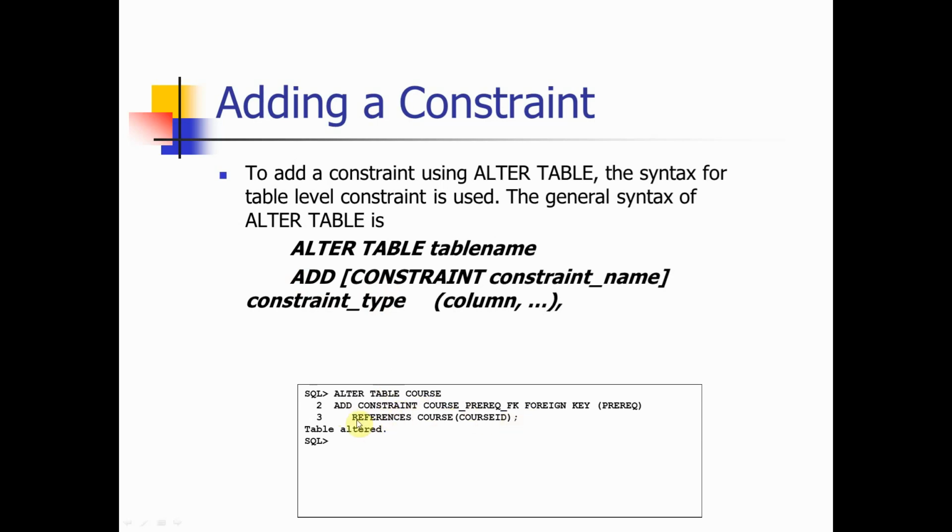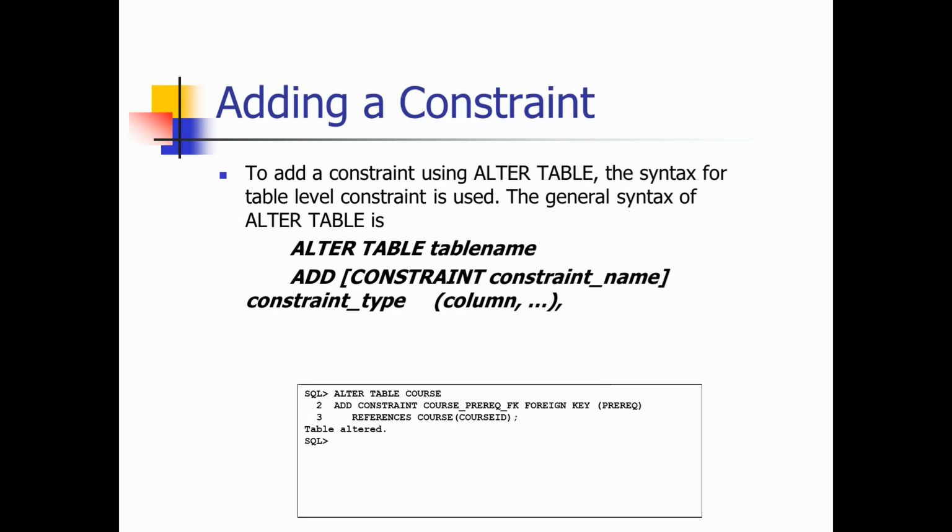So you can see that the example code is add constraint with the name of the constraint, foreign key indicating which attribute of the table you want to change, references another table's primary key. This semicolon is the key thing. Oracle will keep letting you type commands until it sees a semicolon. This is like your Control F5 execute.